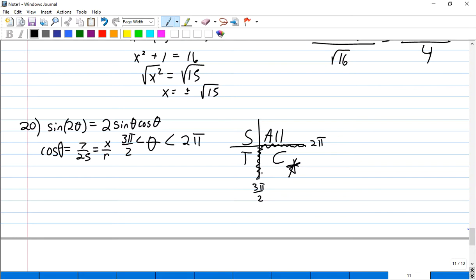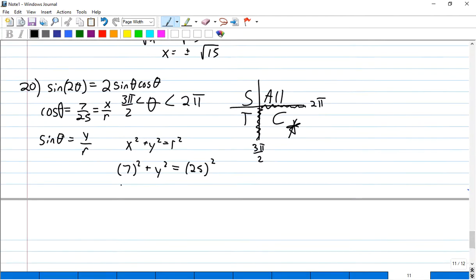So, I need to solve for y so that I can solve for sine, because remember, sine of theta is y over r. So x squared plus y squared equals r squared, or 7 squared plus y squared equals 25 squared. So 49 plus y squared equals 625. I think that's 25 squared.